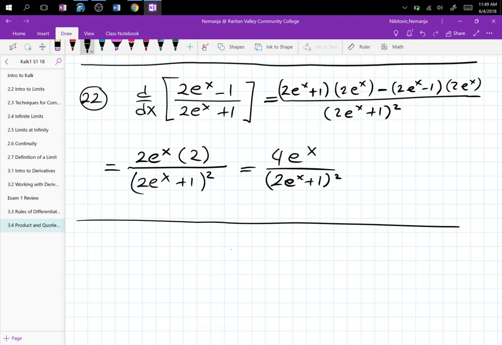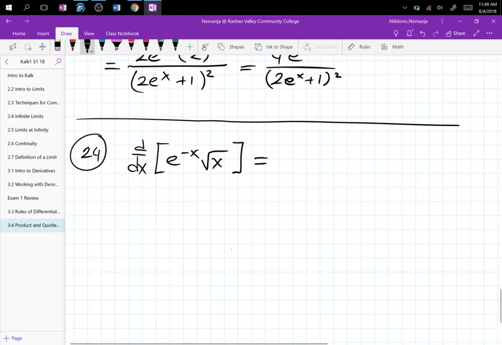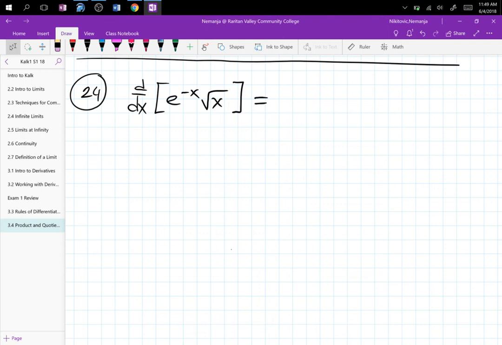And the second one, 24, says, find the derivative of e to the negative x times square root of x. So how do we do this? What do we use to solve the problem?